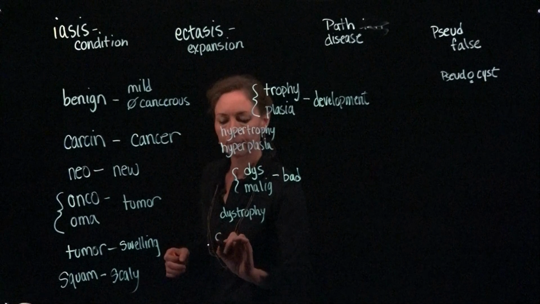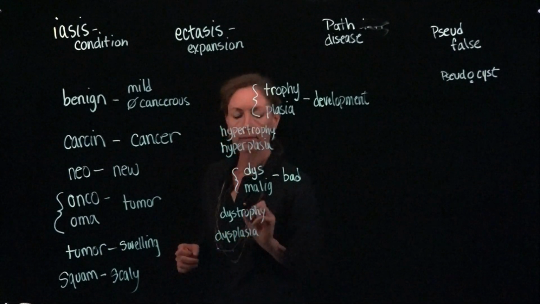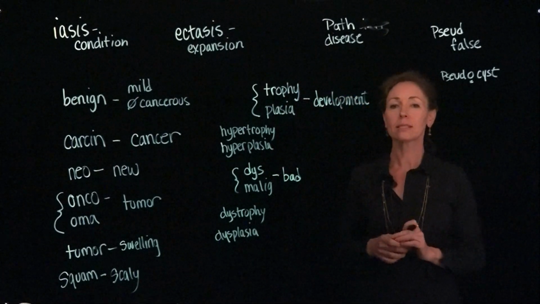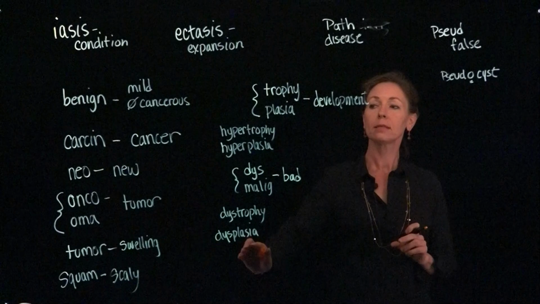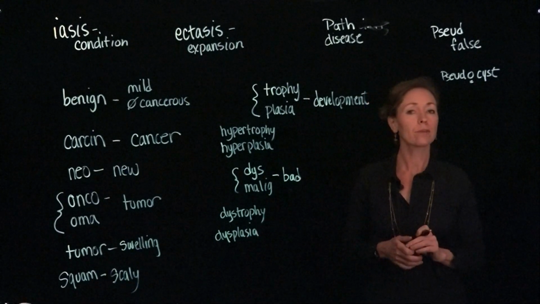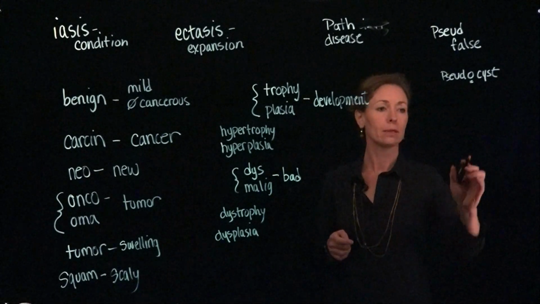Dysplasia, often women go in for their pap smears and it comes back with some dysplasia, some cells with bad development. Maybe that's the precursor for cancer, and they will come in for a colposcopy, right?